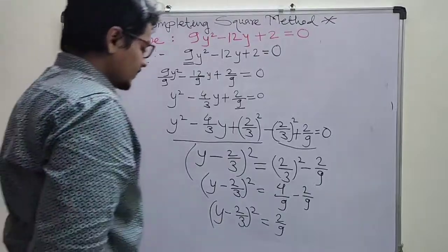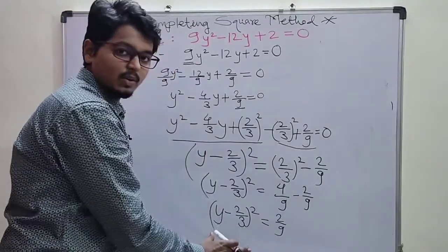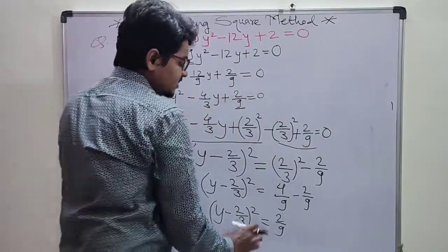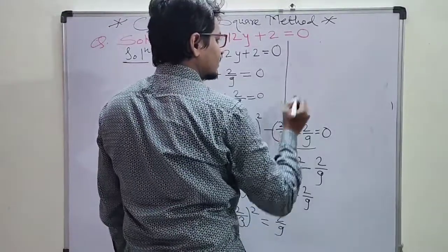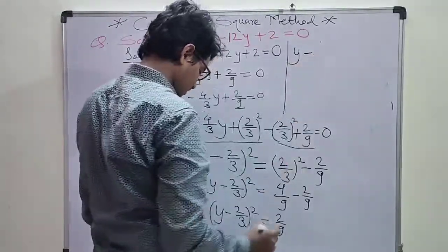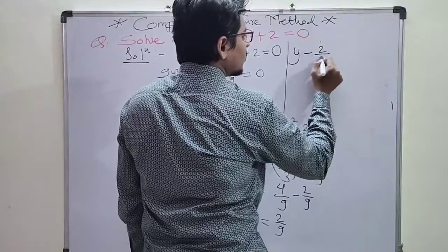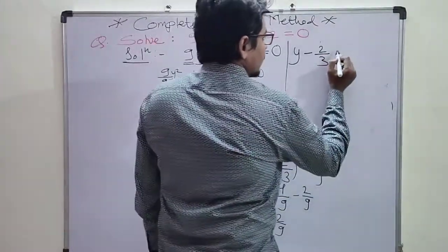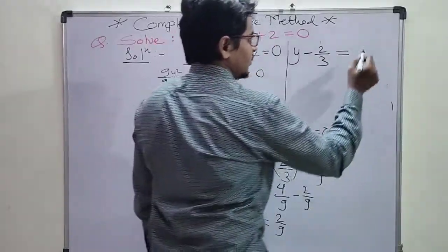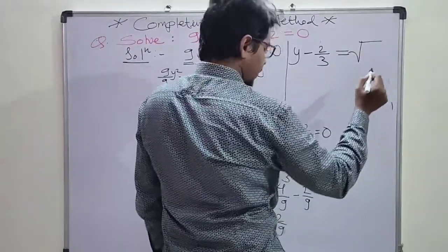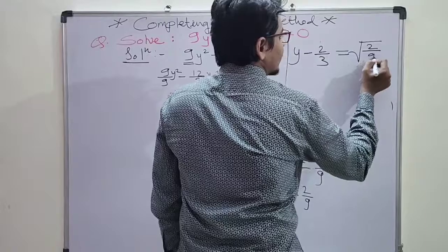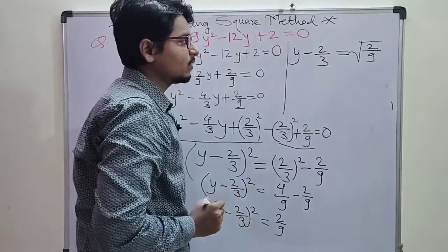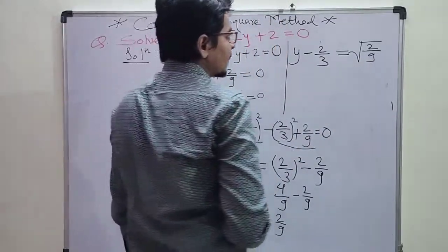In next step, taking the square root of both sides of this equation, we get y minus 2 upon 3 is equal to square root of 2 upon 9.